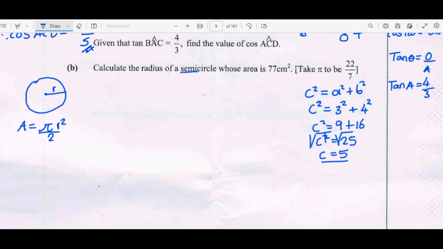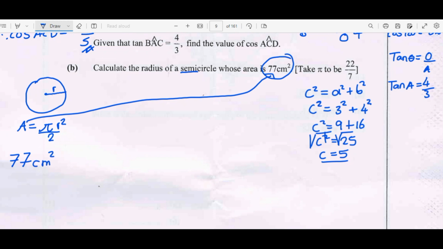Now, the area is given, so where there is a is where we are going to substitute this number. So say 77 centimeters squared is equal to pi, which is given, 22 over 7, multiplied by radius, which is not given, over these two here.